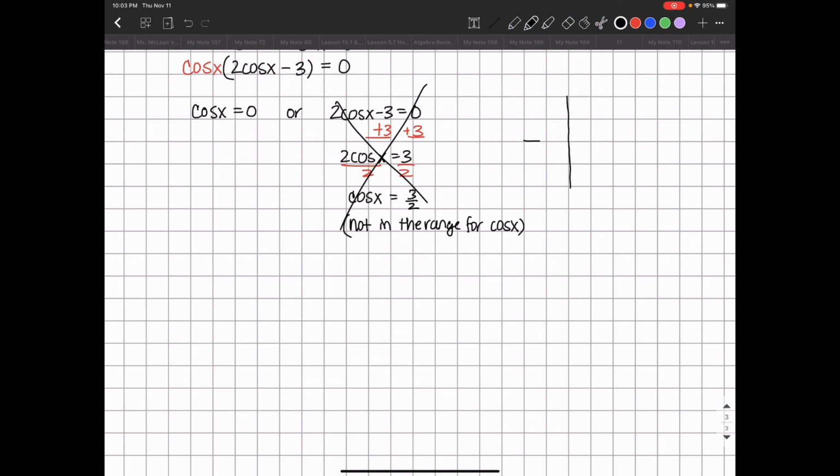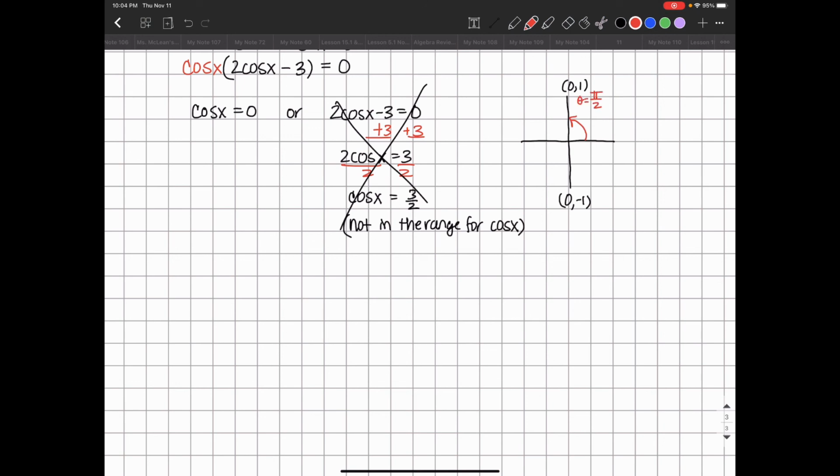Then I'm going to focus in on this here. On my unit circle, I'm looking for where I have a point where x is equal to 0, and that is here. So I have 0, 1, and I also have 0, -1. This angle here is pi over 2.